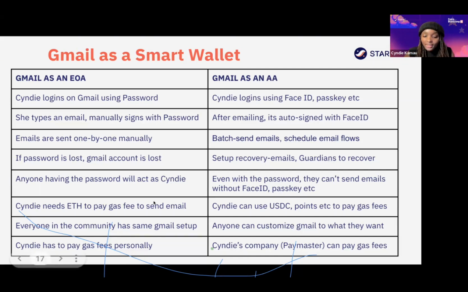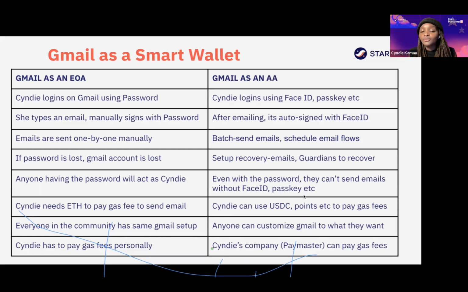Okay. One thing we were also talking about is anyone who has my Gmail wallet password can act as me and send emails on my behalf, right? But now we've included extra points of security. We have Face ID. I can use a passkey. I can use, let's say, Google Authenticator or Authy, all these other 2FA methods that we normally know, right?